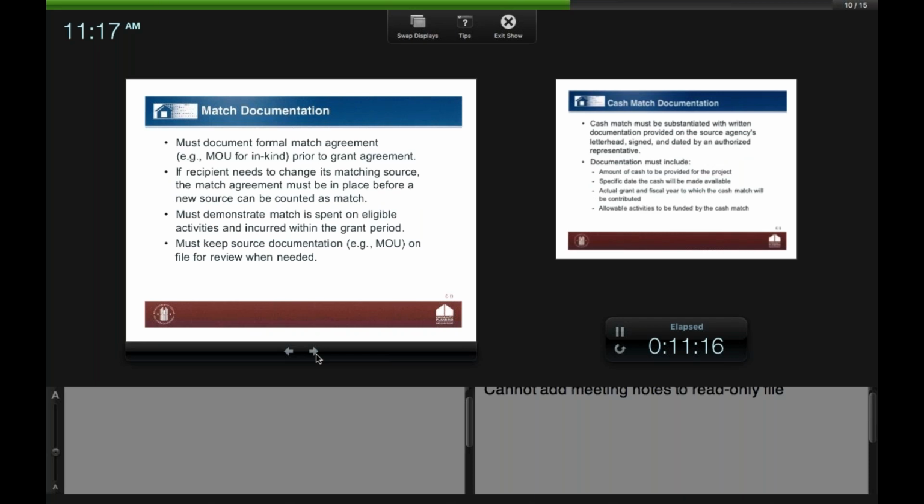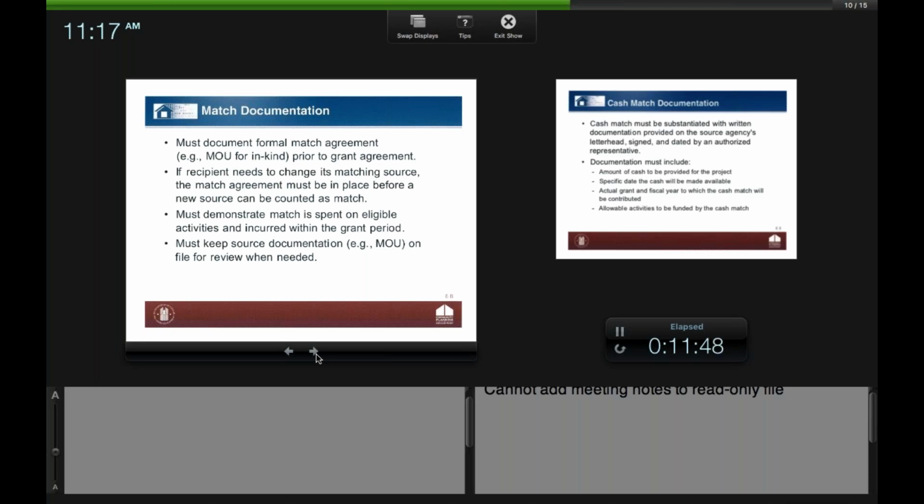Now let's look at match documentation. All match must be documented, and it must be documented prior to the execution of the grant agreement. As a direct grantee from HUD, in processing your grant execution, you are required to upload match documentation in the eSNAPS system. eSNAPS is also used to make your formal application.